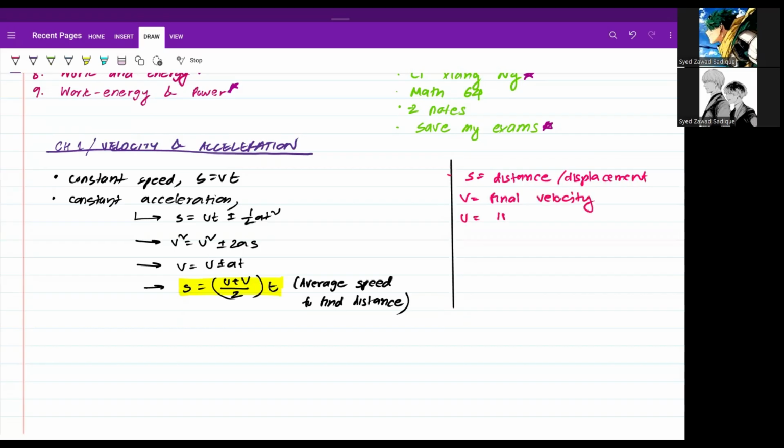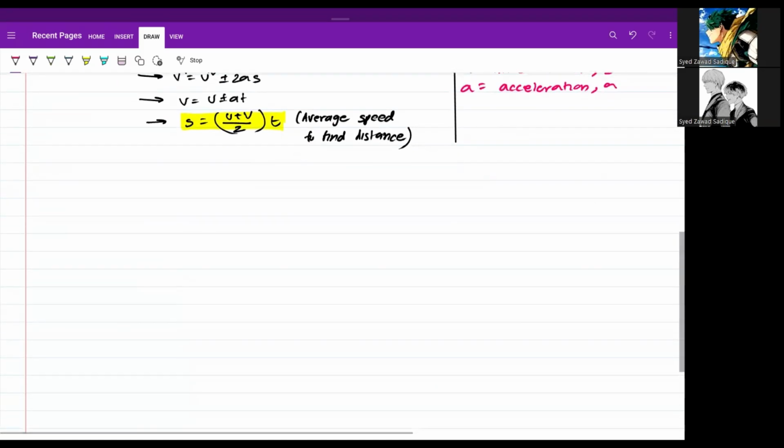U is initial velocity. T equals time taken. I'll also write the meters per second, meters per second squared, and a is acceleration, of course. So I annotated the symbols, wrote their meanings, and gave their SI units because SI units are what you'll be mostly working with unless stated otherwise in the question.